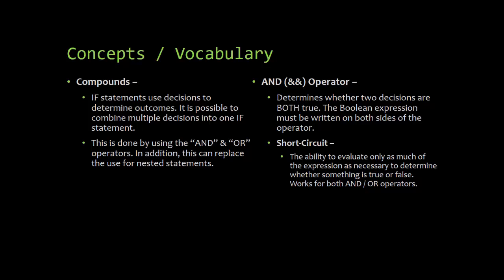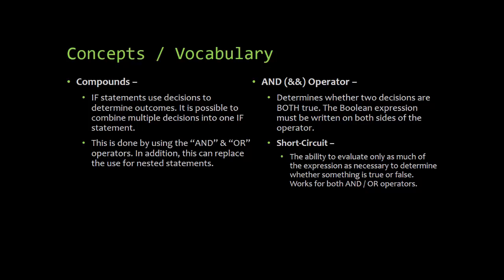And so there is something called short circuit, and you have short circuit for the AND operator or the OR operator. It works pretty much the same, except it piggybacks off the operator you're using. So it works like the AND operator, and if you use the OR operator, then it works off the OR operator.